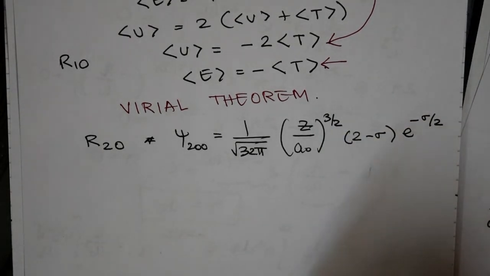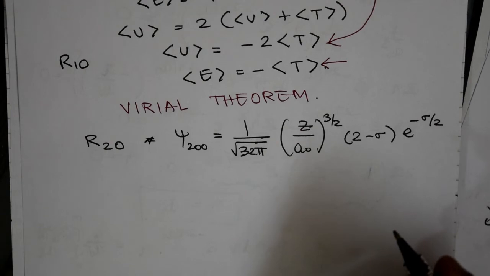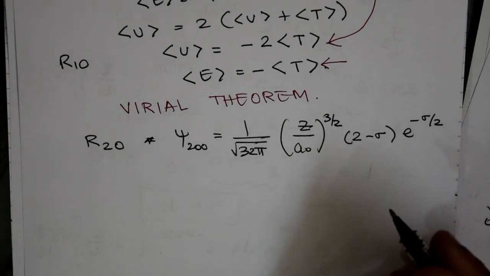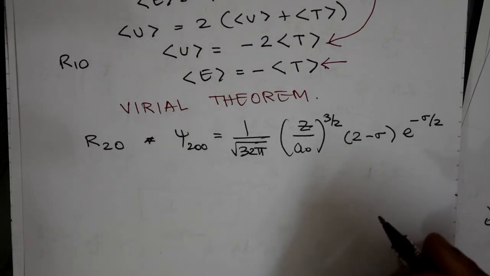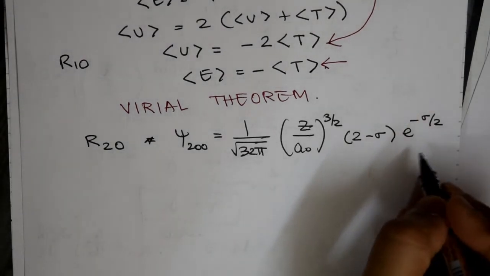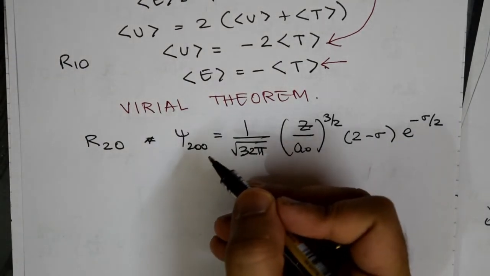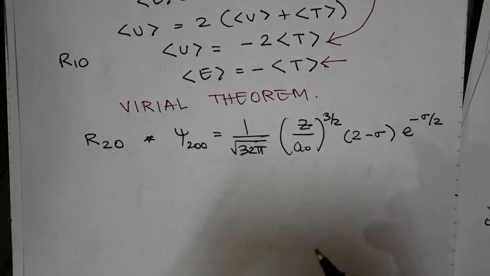So now when you have an equation of this sort, what we will try to do is understand how this looks when you plot it or even take the differential. Remember, this already factors in the Y00 part. Okay, so this is the overall wave function that you end up having.